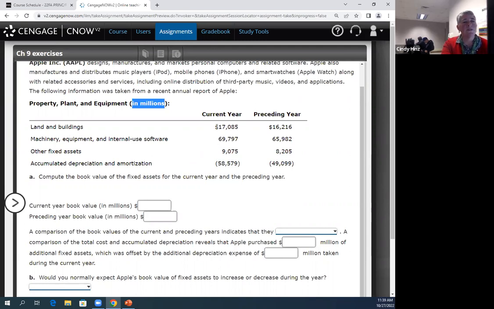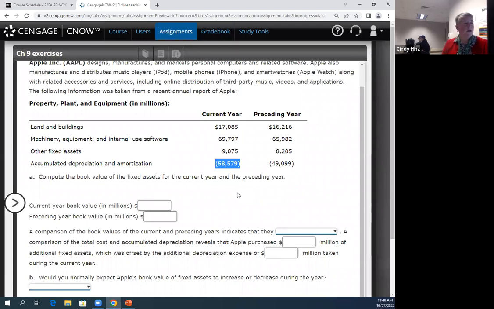So these numbers that you see here represent the original or historical cost of their land and buildings that they had this year, and the original cost of what they had last year. Then they have machinery and other fixed assets, and down here at the bottom, we have the accumulated depreciation and amortization. That internal use software is what would be amortized based on what I'm seeing there.